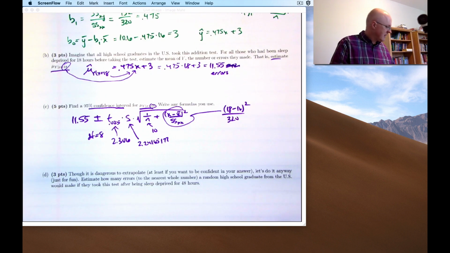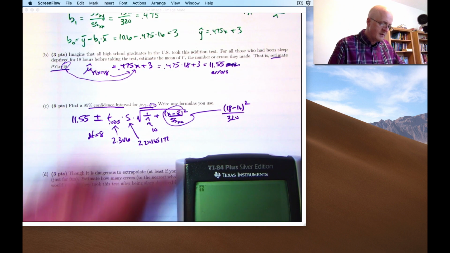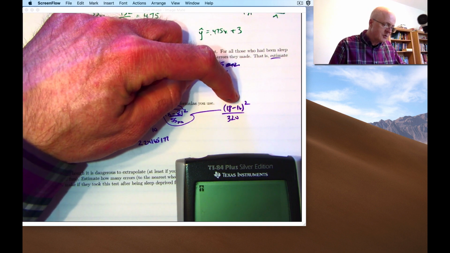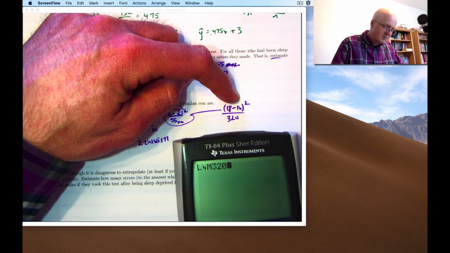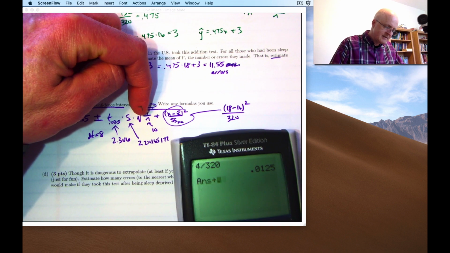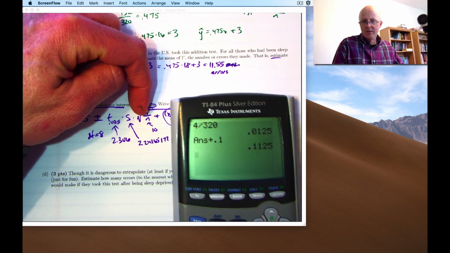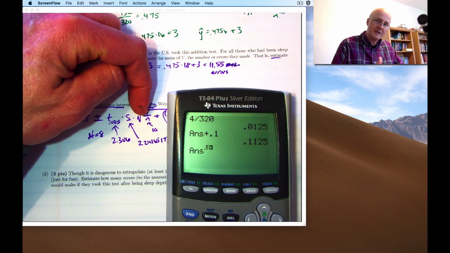All right, so let's combine all this with the calculator. 18 minus 16 is 2. 2 squared is 4. 4 divided by 320 is that. I need to add 1/10 to that. Still a pretty small number. The square root is going to be still pretty small, though bigger when you have a number between 0 and 1.